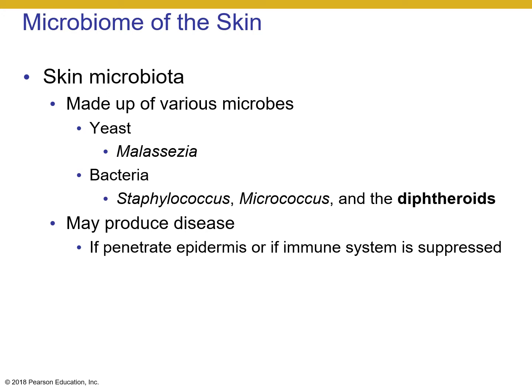If you look at some of these, like Staphylococcus, you know that Staphylococcus can cause nasty diseases. But that's only if it gets through the epidermis and invades the dermis and the systemic circulatory system.